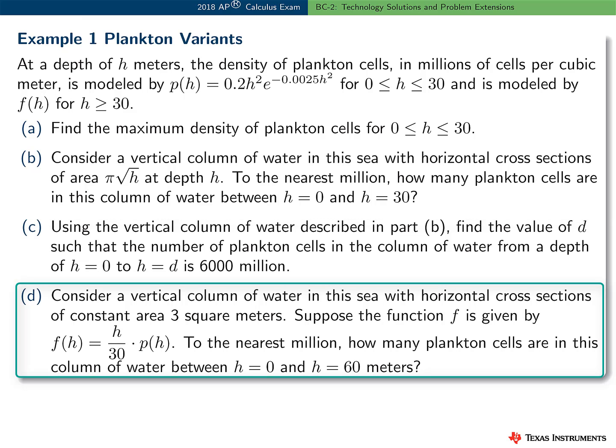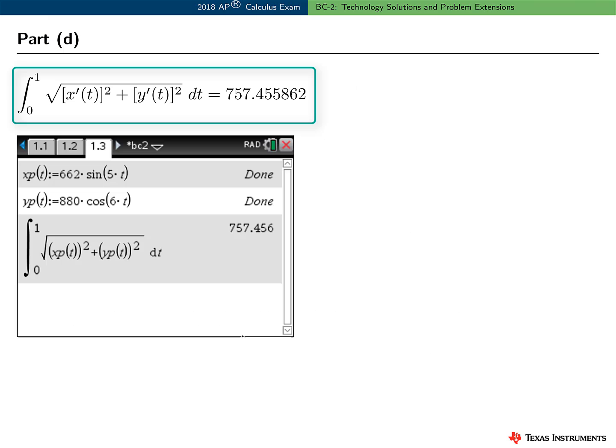And in Part D, let's consider the column of water that was described in the free response question with cross-sections of area 3. And suppose the function f is defined by f of h is equal to h divided by 30 times p of h. Determine the number of plankton cells in this column of water between h equals 0 and h equals 60.